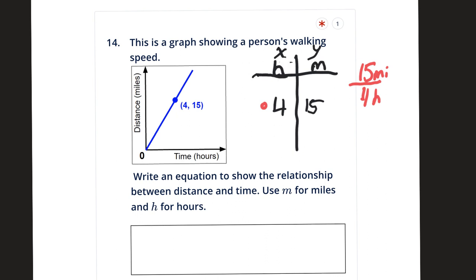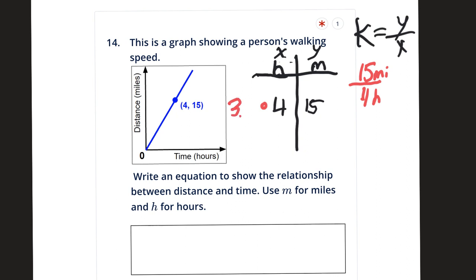All right, so I used my table, and to find my constant, to find out what am I multiplying 4 by to make 15, remember, you can always do y divided by x. To find your constant, you can always take your y value and divide it by x. So we're going to go 15 divided by 4, and we get 3.75. What does that mean?